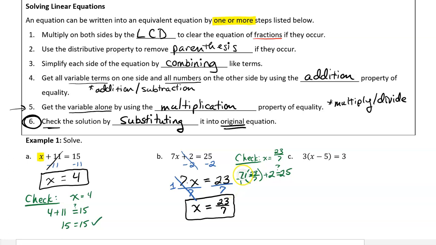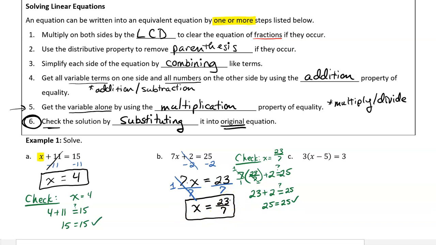But I notice that I have a 7 on top and a 7 on the bottom. And what is 7 divided by 7? That's simply 1. And 1 times the 23 is just 23, plus 2. Does that equal my 25? And in fact, it does. So our answer is good. Our answer is 23 over 7.